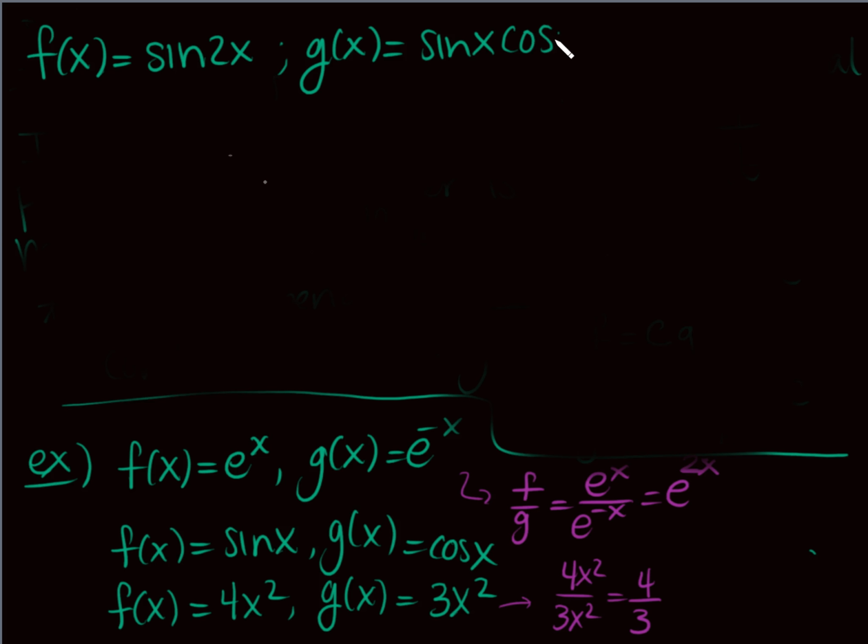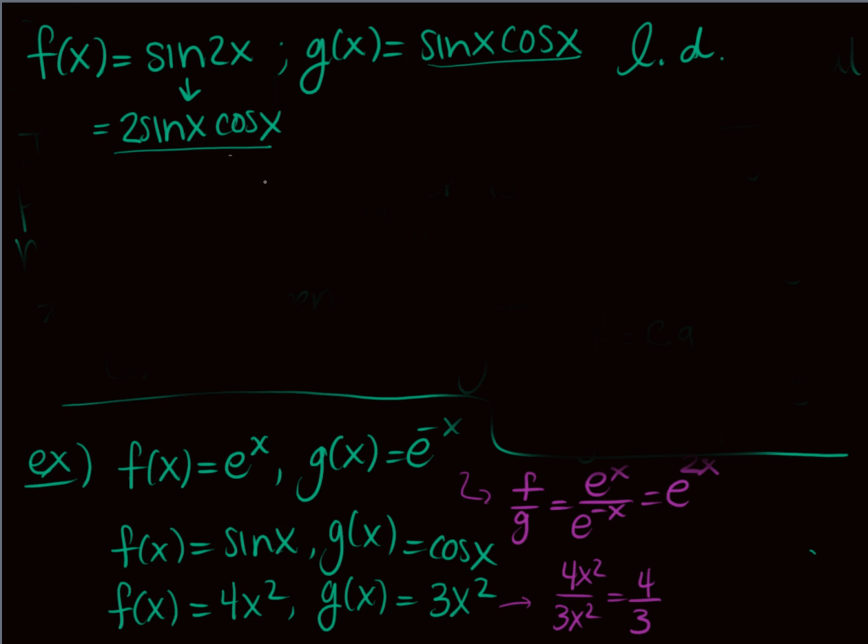This one might look like they are not linearly dependent. However, as you remember, what is the formula for sine of 2x? This is the double angle formula: 2 sine x cosine x. So this one's a little bit tricky, because f is actually just a multiple of g. These guys are linearly dependent. Those are just some examples of linear independence and linear dependence.